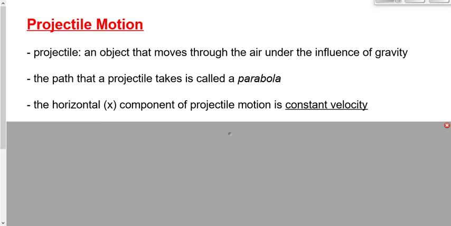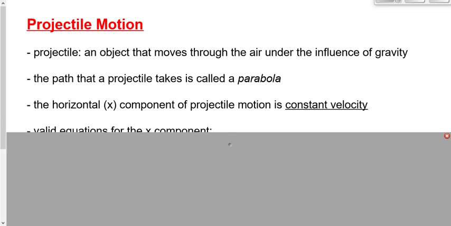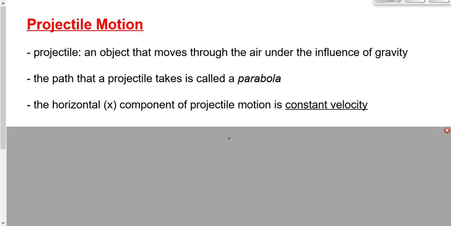So, if the horizontal component is constant velocity, what equation do you think we'd use to describe it? You know this, yeah? It's group A, or in other words, v is equal to delta d over delta t. That will always be the equation that we use to describe the horizontal velocity.